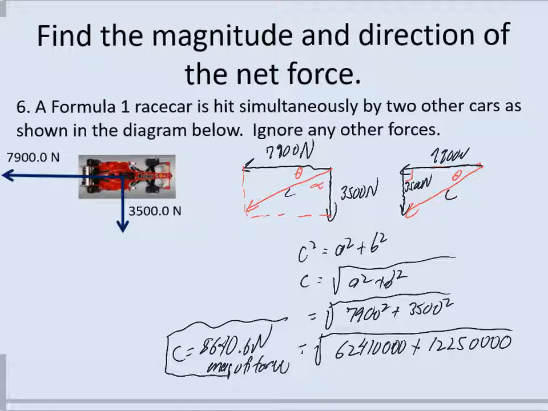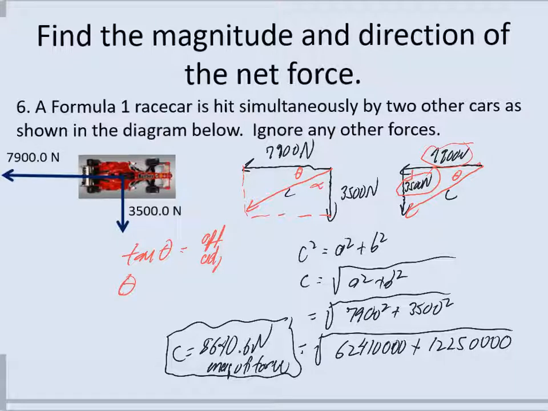So there's the magnitude of the force, 8,640.6 newtons. And then to find the direction, we have to find that as well. Well, let's see, we know the opposite is 3,500. We know the adjacent is 7,900. So I'm going to use tangent again. Tangent of theta equals the opposite over the adjacent.